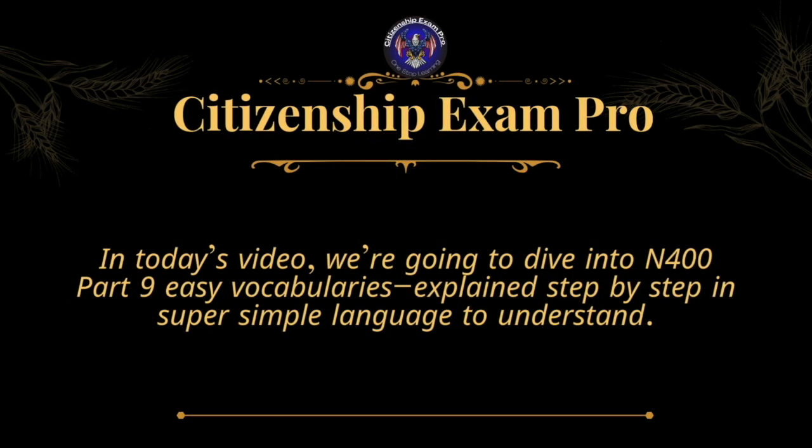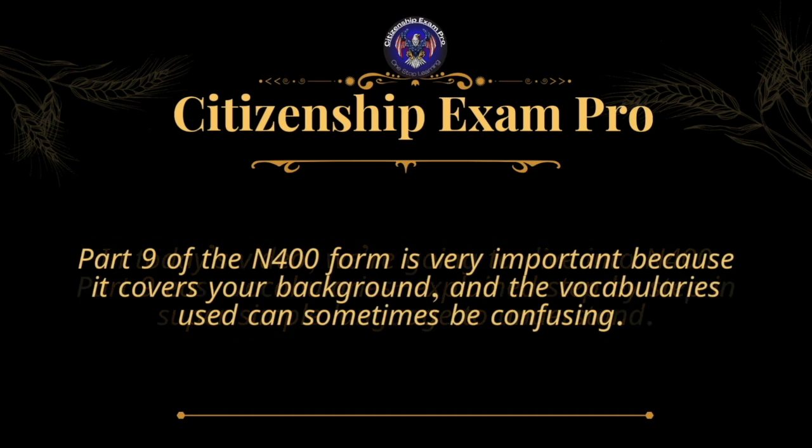In today's video, we're going to dive into N400 Part 9 Easy Vocabularies, explained step by step in super simple language to understand. Part 9 of the N400 form is very important because it covers your background and the vocabularies used can sometimes be confusing.